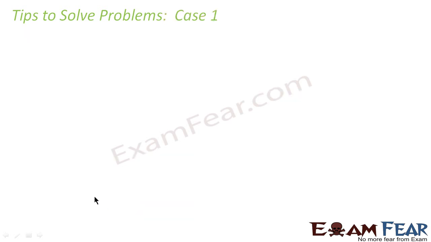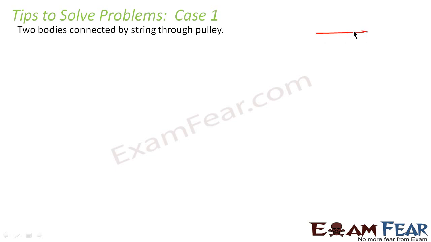Now let us look at a few more tips to solve problems. Now we will see the scenario of two bodies which are connected by a string through a pulley, somewhat like this. Let us suppose we have a pulley and we have two objects which are attached via a string through this pulley.